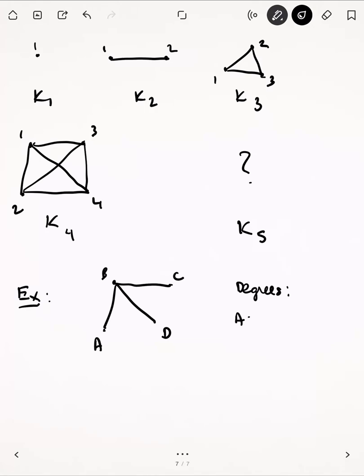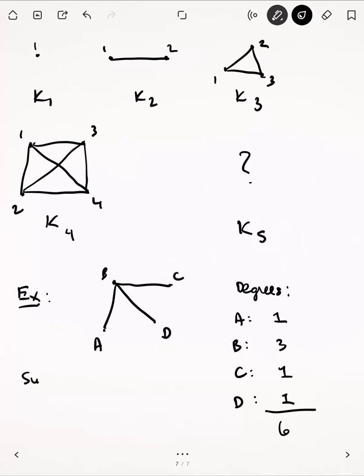A is 1, B is 3, C is 1, and D is 1. Notice if we add these together, we get 6. And that might not seem interesting to you, but in particular what I want to mention is that 6 is an even number. And indeed, when you add up all the degrees of the vertices in a graph, you will always get an even number.